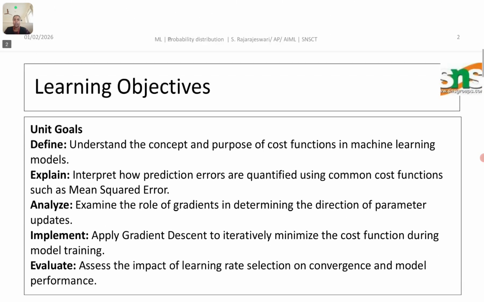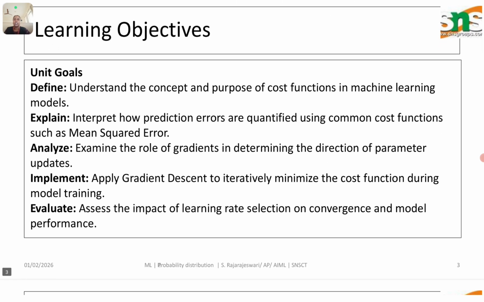Next we are going to see what the main goal of cost functions in supervised learning is. It is mainly used to understand the concept and purpose of cost functions in machine learning models, and to explain how prediction errors are quantified using common functions such as mean squared error.